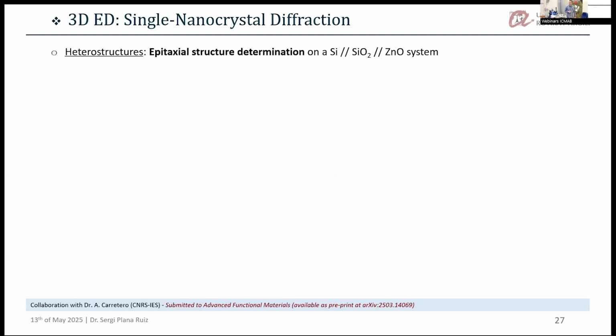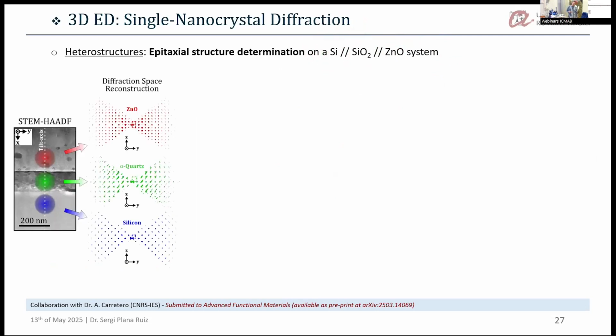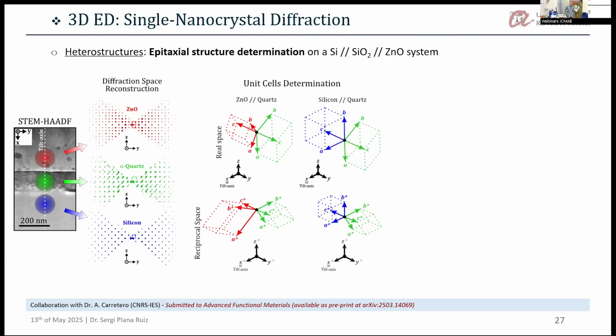And finally, with 3D ED, we can also understand the epitaxial structure of heterostructures. So this is a system of silicon, quartz, and zinc oxide. We can go to the TEM, get this image, and collect 3D data from the 3 different components. We can reconstruct the diffraction space, find the unit cell parameters in reciprocal space, and go to real space.